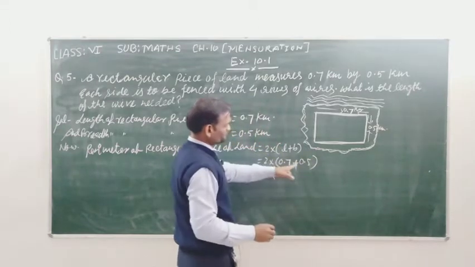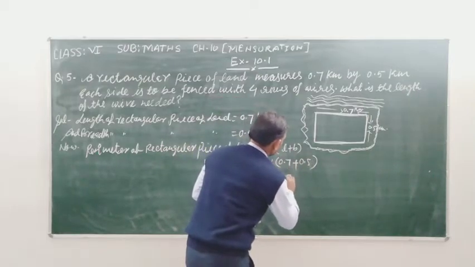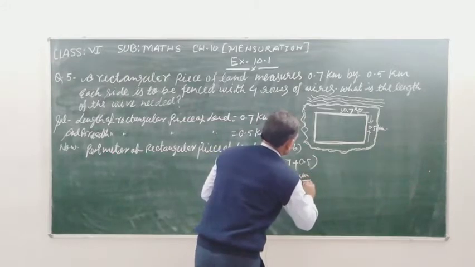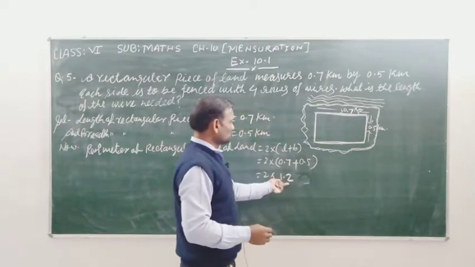So 2 into, 7 plus 5 is 12, 1.2 kilometer. Sorry student, 1.2.